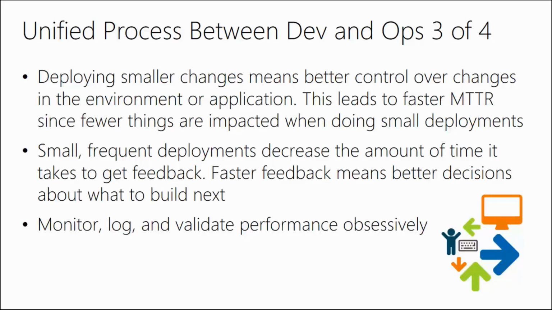Since fewer things are impacted when doing small deployments. So small, frequent deployments decrease the amount of time it takes to get feedback. And we know that the faster the feedback is, the better the decisions about what to build next and how to fix things. And monitoring, logging, version control, source control, and validating performance repeatedly is a good practice.